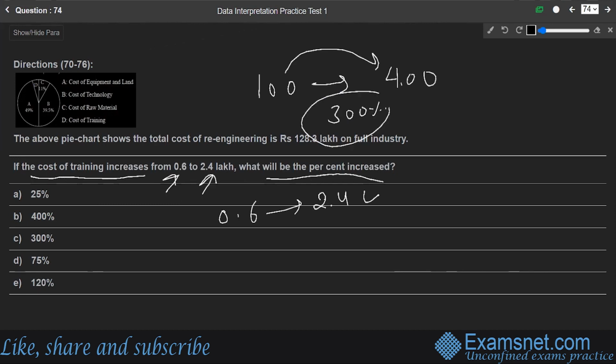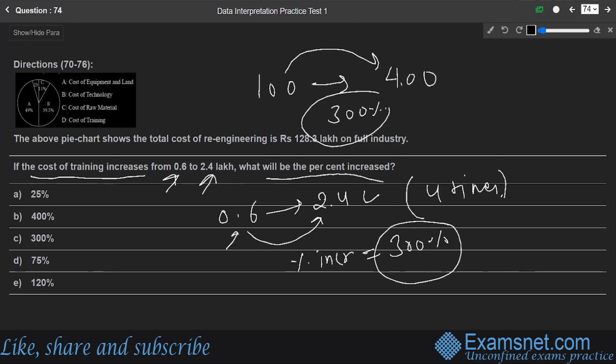What has happened here? The value has increased from 0.6 to 2.4 lakhs. That is nothing but 4 times again. So whenever the value becomes 4 times itself, the increase will be 3 times, or simply 300%. So that becomes the right answer. Percentage increase is 300%. Option C is the right one.